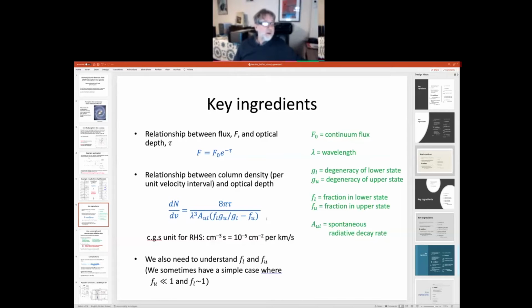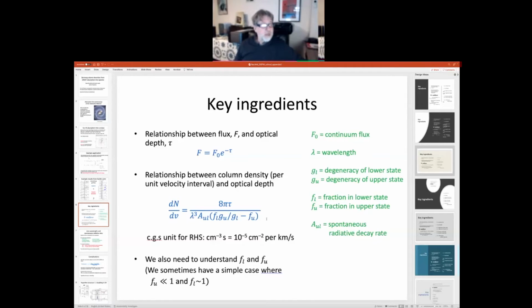And one note here is that if you measure things on the right-hand side in CGS units, your unit will be centimeter to the -3 seconds, and that's 10 to the -5 centimeter to the -2 per kilometer per second, which is a more natural unit for dN/dV.